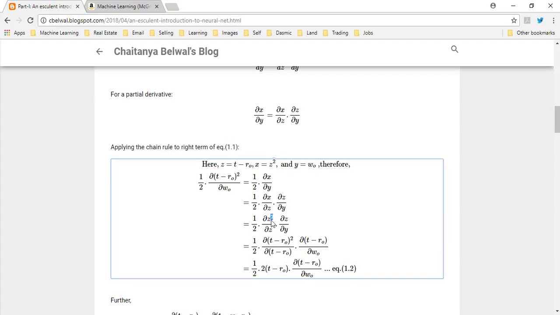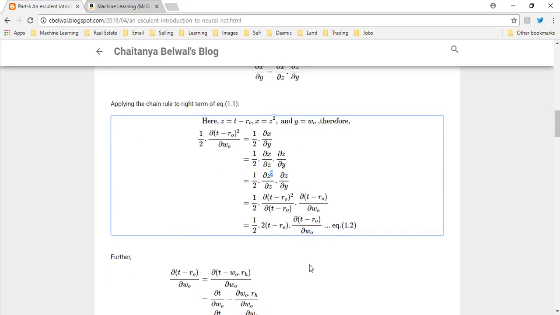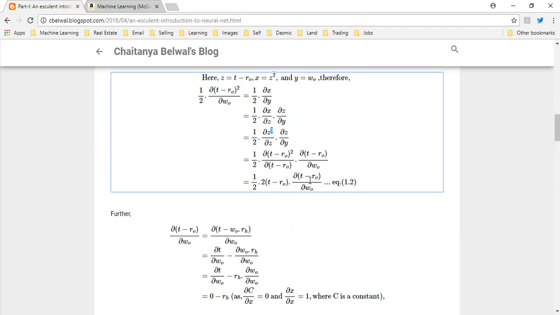The z square, if you recall calculus, the rate of change of x squared in relation to x actually equals 2x. So this becomes 2z, or 2(t minus r0), and this term remains as is. We will have to do some further analysis of this term (t minus r0) over w0, because the terms in the numerator and the denominator are different.